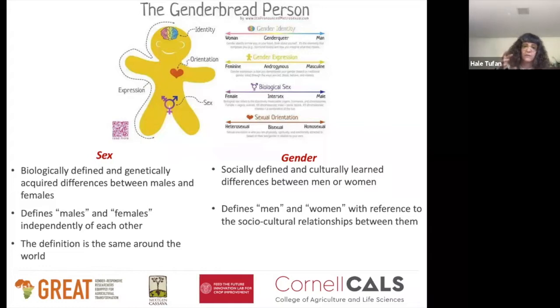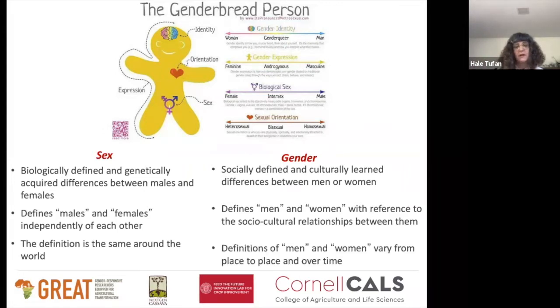What that means is that what it means to be a man is defined in relation to what it means to be a woman, and these relationships are usually relationships of power. The definitions of what it means to be a man or a woman vary greatly across geographies, but also across time. So it's not a static concept; it changes continuously. That will become clearer later on, why we're making this distinction.